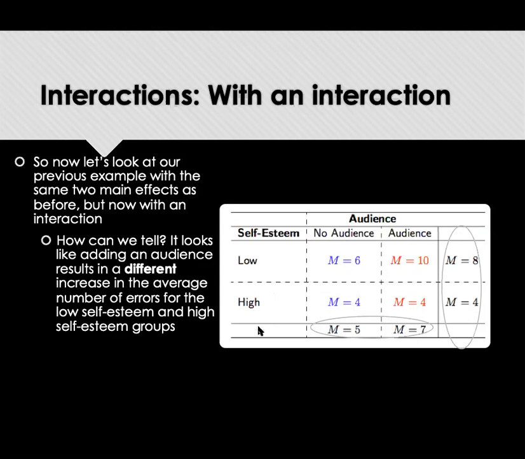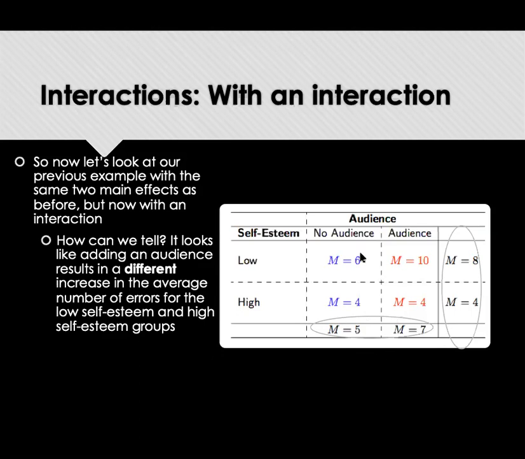And take note here, there are still 2 main effects present, right? There is a group mean difference for low and high self-esteem, and there's a mean difference for the audience and no audience groups. And there is an interaction. Now, if you do the math, all this math still works out. This is still the actual average for the no audience condition, for example.